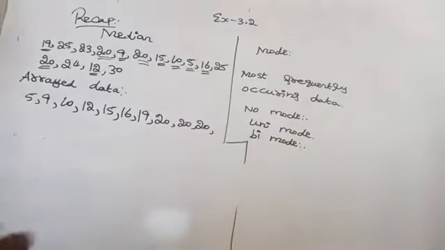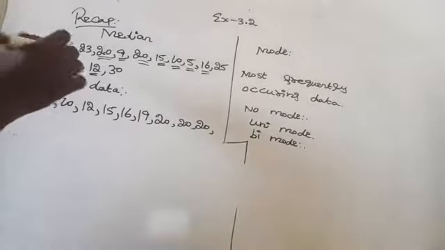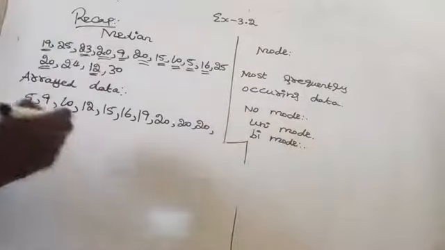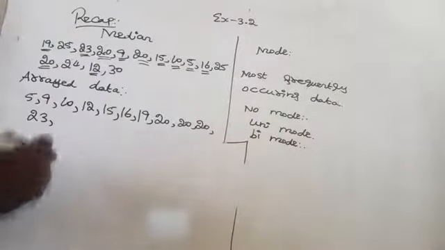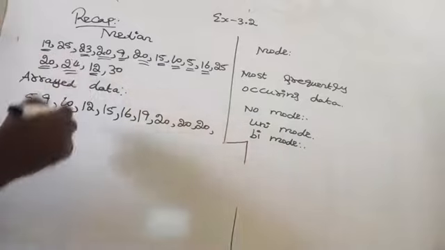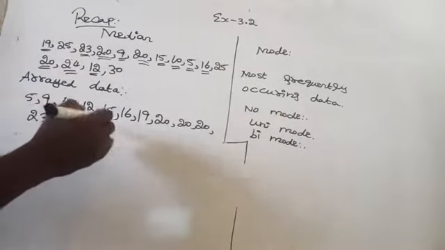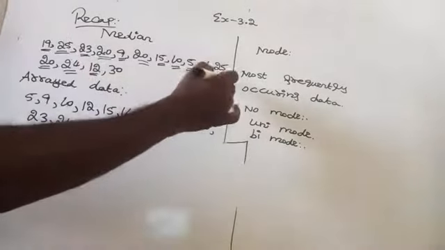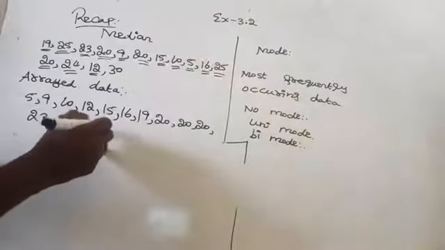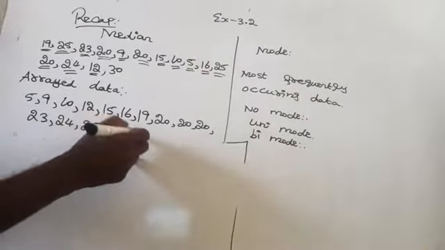And then after 20 we have 23, then 24, then 25 two times, and then 30.